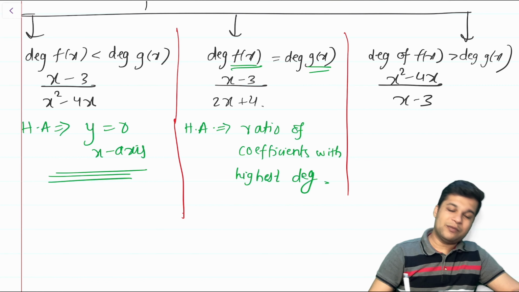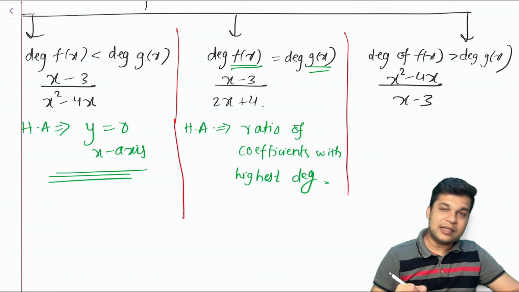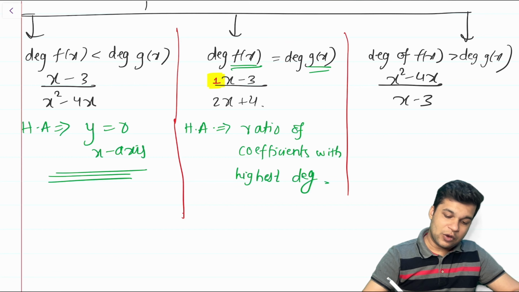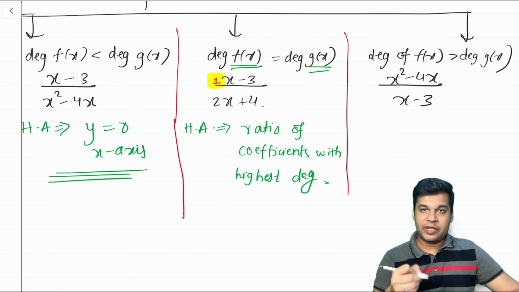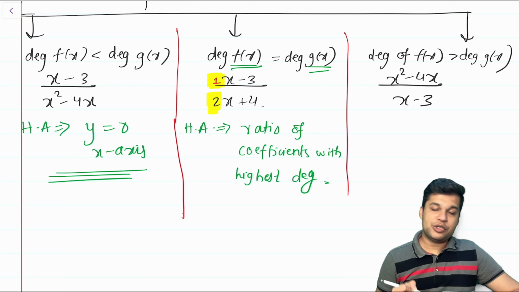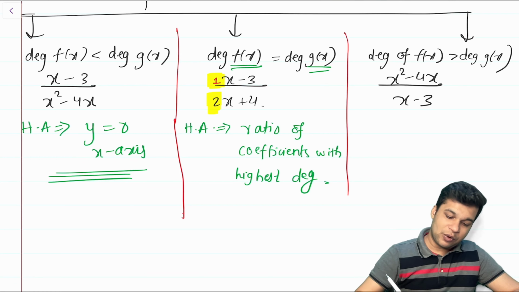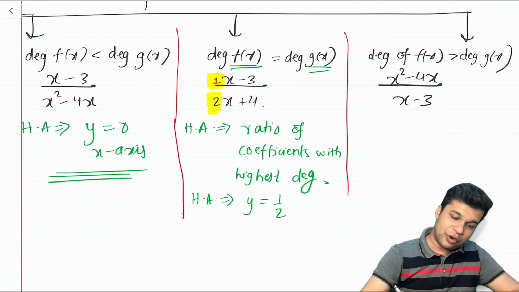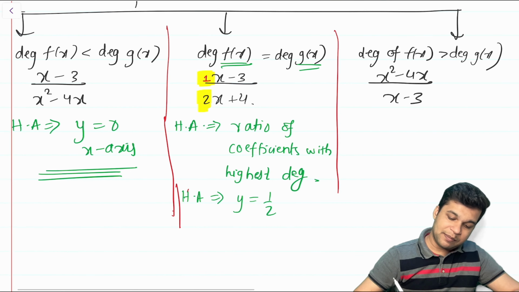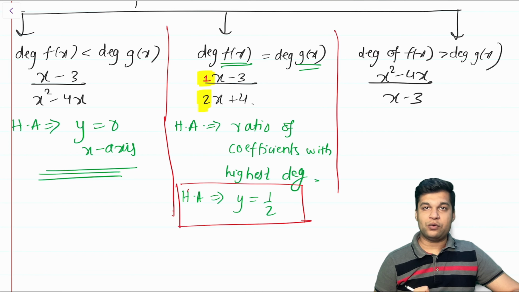What I mean to say is, you see that the degree is 1, right? So what is the coefficient? The coefficient is 1 here. In the denominator also, the degree is 1. What is the coefficient? The coefficient is 2. So what will be the horizontal asymptote? The horizontal asymptote will be simply y equal to 1 by 2.